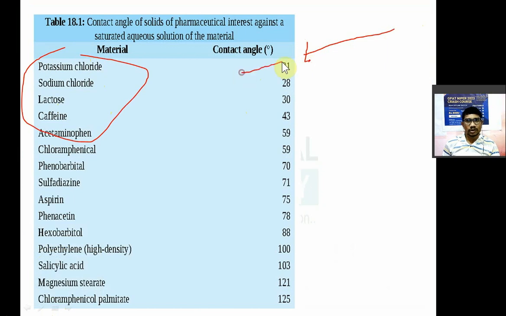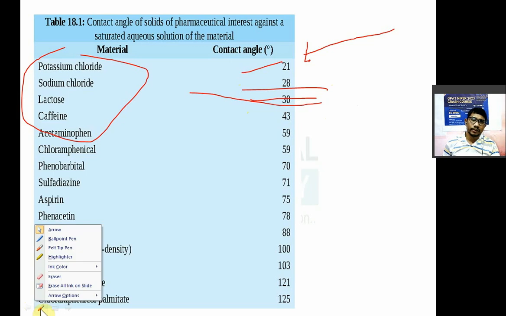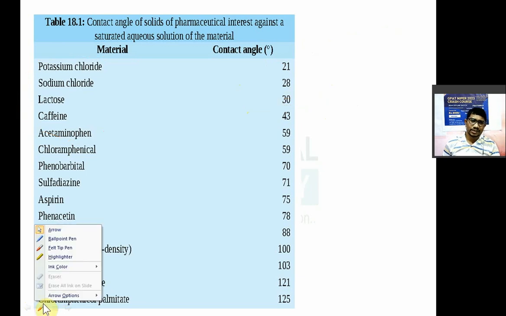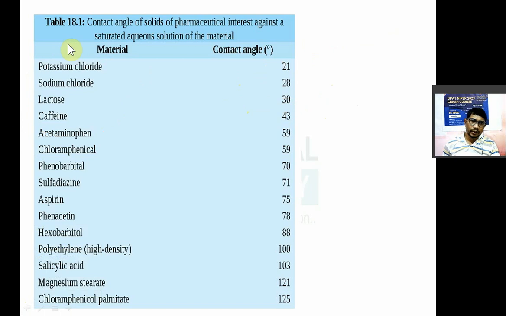Potassium chloride has a contact angle of 21, sodium chloride 28, lactose 30, and caffeine is poorly wetted. After lactose, wetting decreases. Materials can be classified into three types: good wetting, intermediate wetting and poor wetting. You can see over here these are the good wetting.